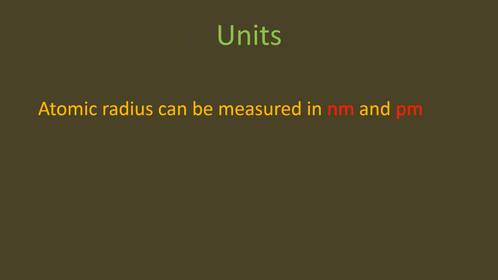What are the units of atomic radius? Atomic radius can be measured in nanometer and picometer. Nanometer stands for 10 raised to power minus 9 and picometer stands for 10 raised to power minus 12. Now if I talk about the carbon atom, the distance between the nuclei of the two bonded carbon atoms is 177 picometer.